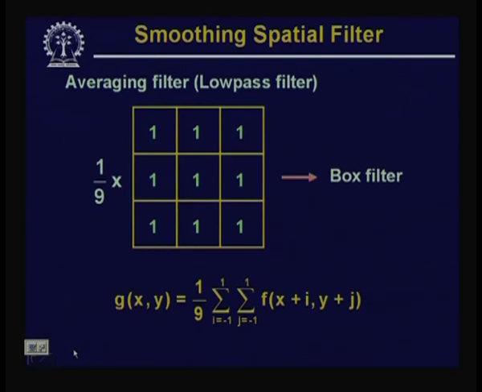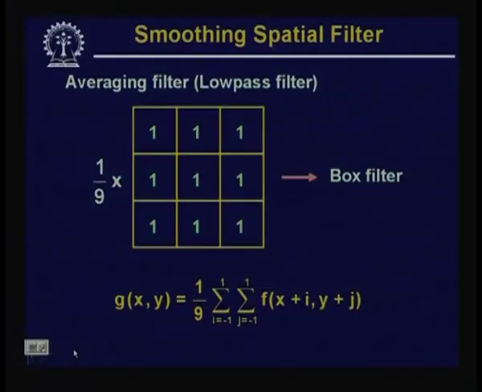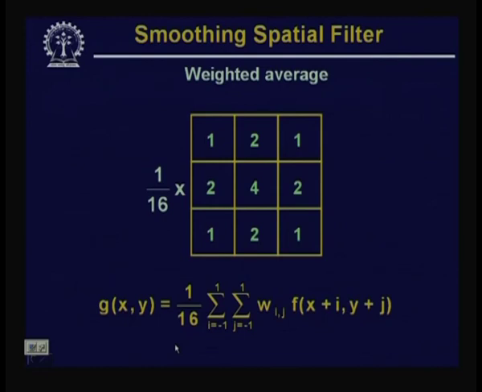So, to avoid the effect of blurring, there is another kind of averaging or smoothing mask, which performs a weighted average. Such a mask is given by this particular mask. Here you find that the center coefficient is equal to 4, the coefficients vertically up, vertically down, horizontally left and horizontally right are equal to 2, and all the diagonal elements of the center element are equal to 1.